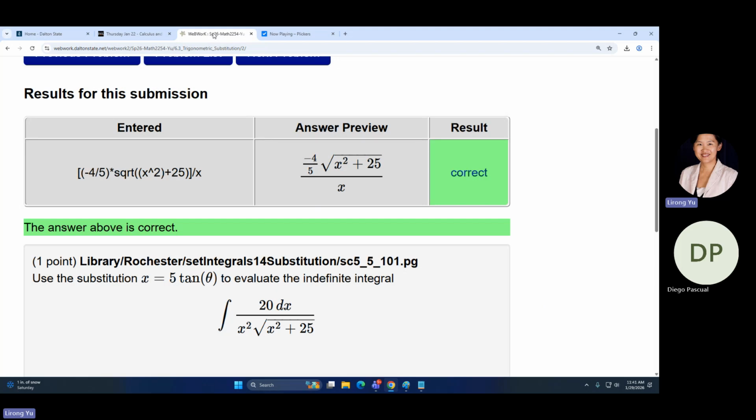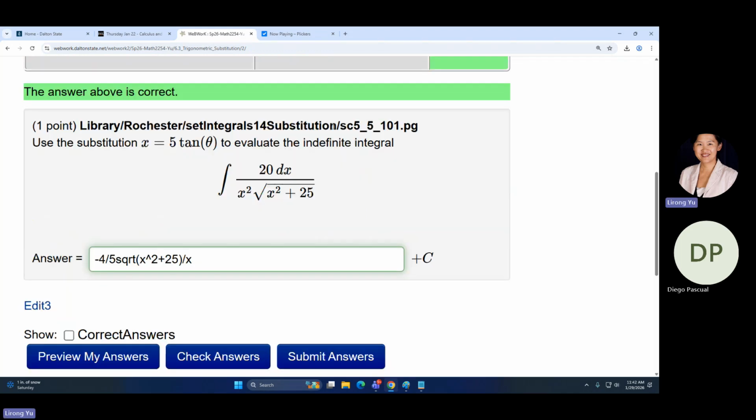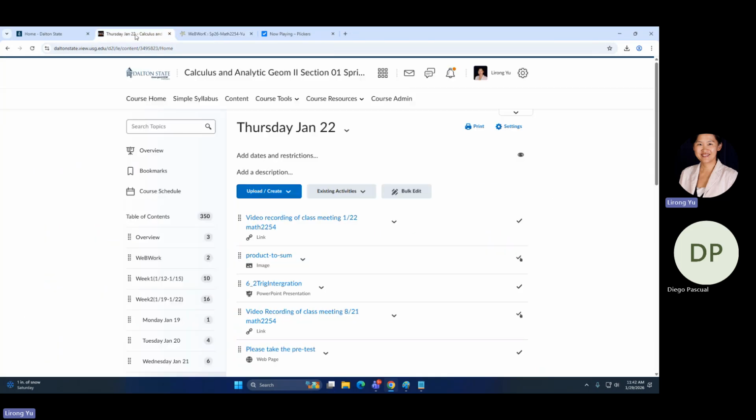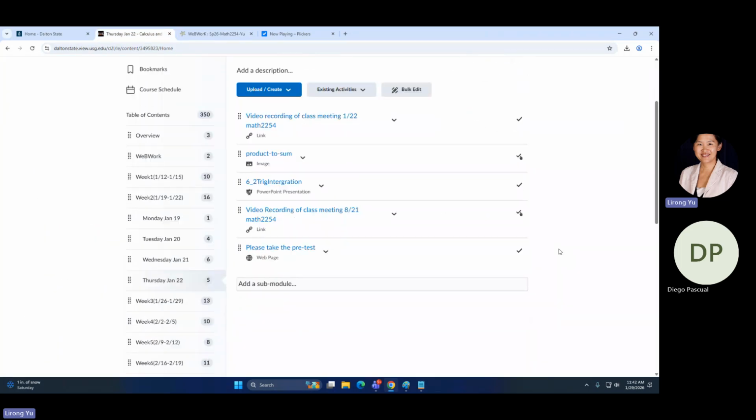I finished 6.2 yesterday as well. Okay. So 6.2 is okay? Okay, so this is the first two questions on 6.3. Right, I'm going to start a little on 6.4.